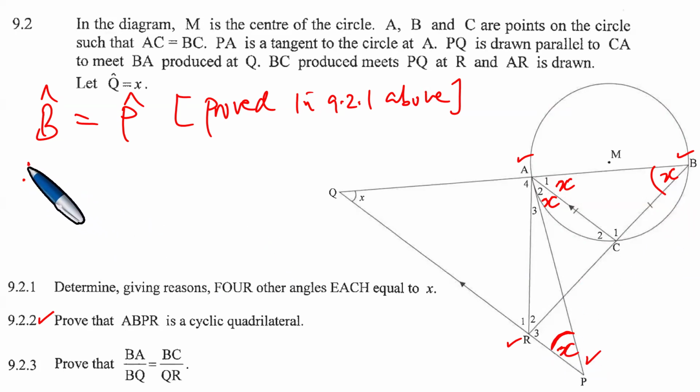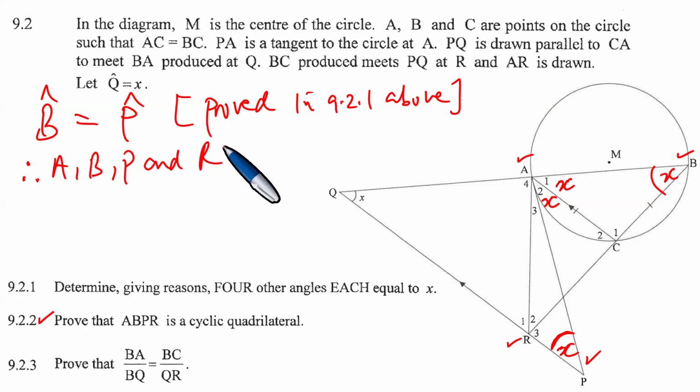Therefore, the conclusion then is that A, B, P, and R are concyclic. These are concyclic.